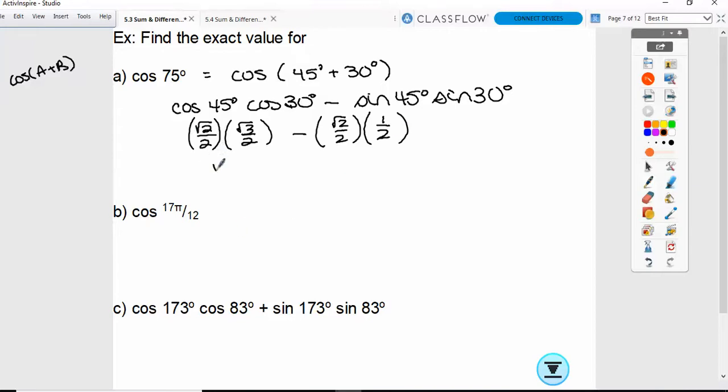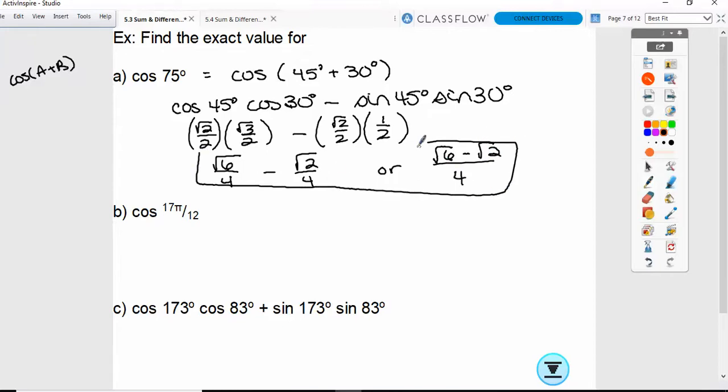When you're multiplying, if both numbers are under a radical, you can multiply them together. So we get radical 6 over 4 minus radical 2 over 4. And you can leave it like that. Since they have the same denominator, you can write them in one fraction, but you can't actually do the square root of 6 minus the square root of 2 because they are not like terms. So either of those is fine for your final answer.